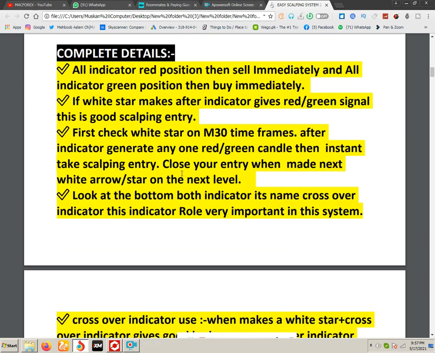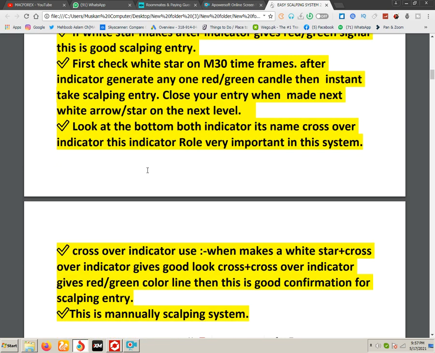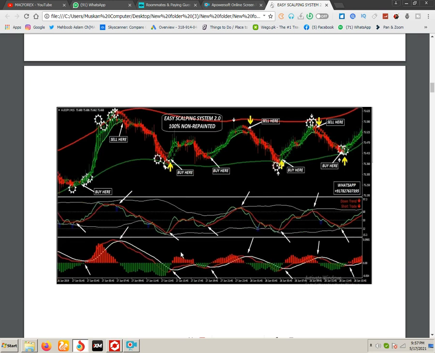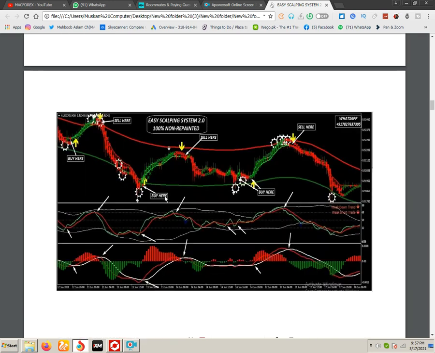All detail I have already mentioned in the PDF file, and I have also already set arrows. There is a sell entry, and here you can cross check the sell entry, and here also three confirmations. After three confirmations you can make the sell order.